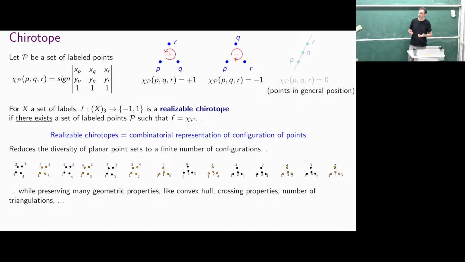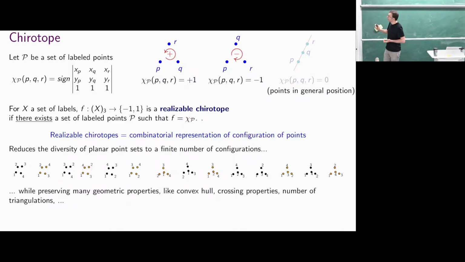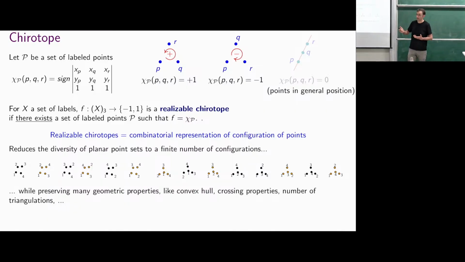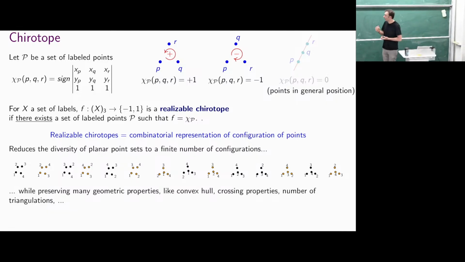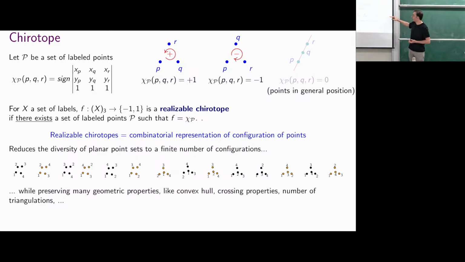For example, if you give me the chirotope map of a point set, I can tell you which pairs of points define segments that intersect. That is encoded in this orientation. I can tell you what are the points that are extreme on the convex hull, and so on and so forth. And just to give a taste, these are the 14 different realizable chirotopes of size 4.